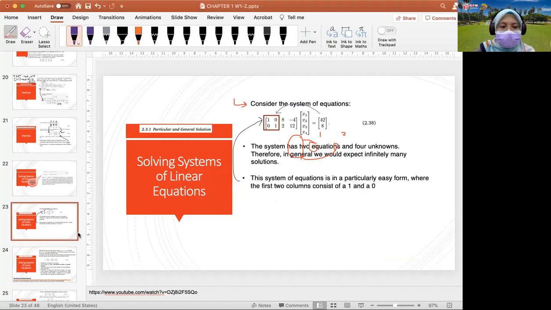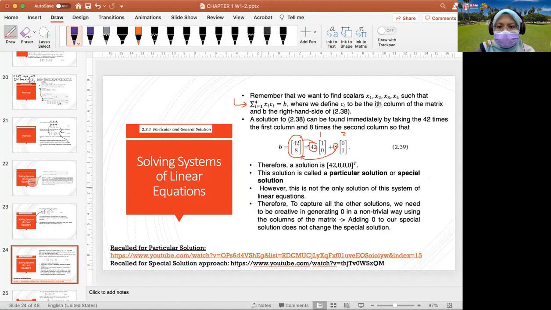So that is the reason why we can transform the b into here. In this case, we know that the 42 and the 8 can be one of the solutions.